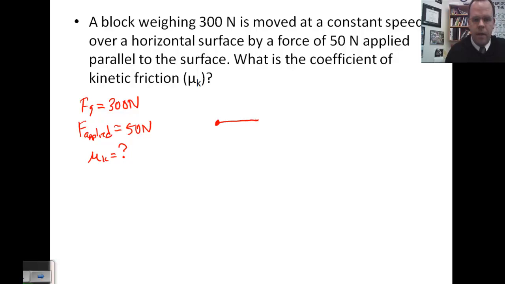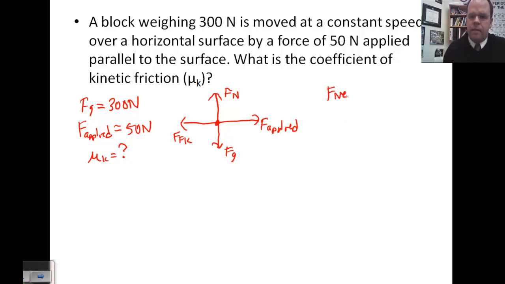My free body diagram here will have four forces again: gravity, normal, applied, and force of friction kinetic.